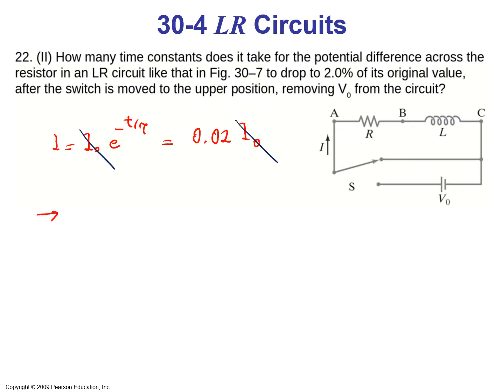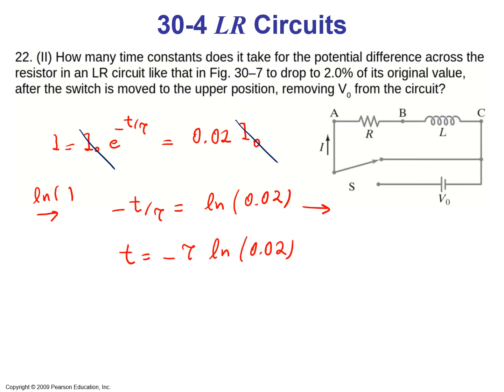I naughts will cancel out, and if we take the natural log of both sides, we have minus t over tau equals natural log of 0.02. Therefore, time t is equal to minus tau natural log of 0.02, which is almost 3.9 tau. So how many time constants? 3.9 times the constant tau.